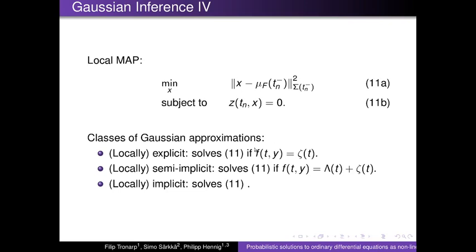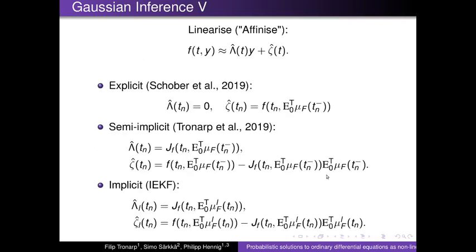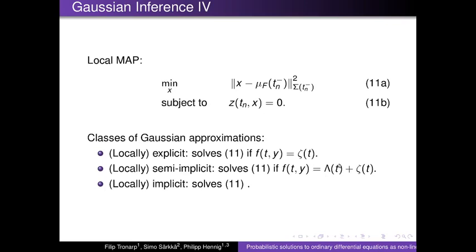And so we get, similarly to classical numerical analysis, 3 different classes of solvers. So a solver is explicit if it solves this problem exactly for constant vector fields in Y, and it's semi-implicit if it solves this problem exactly for affine vector fields in Y, and it's implicit if it solves this local MAP problem exactly.